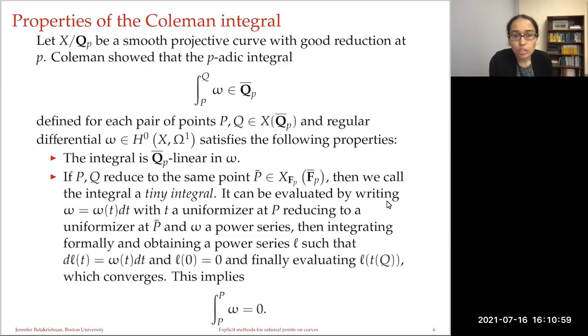If I want to compute an integral between 2 points that reduce to the same thing in the special fiber, P bar, then that's what we call a tiny integral.